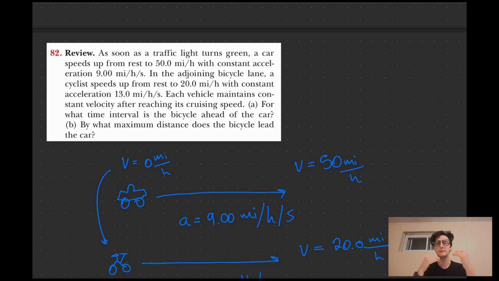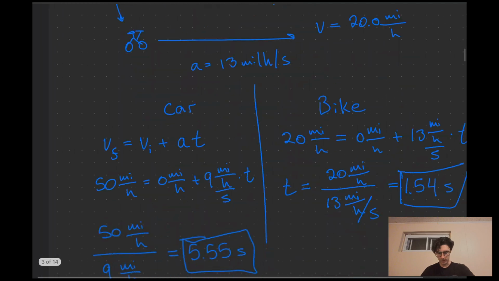So we see that the velocities have to be the same, and in that moment in time, the gap is going to get smaller. So what this piece of information is telling us for part B, the V of the bike has to equal the V of the car. The maximum velocity that the bike can reach is 20 miles per hour.